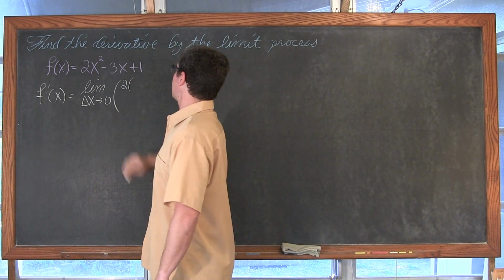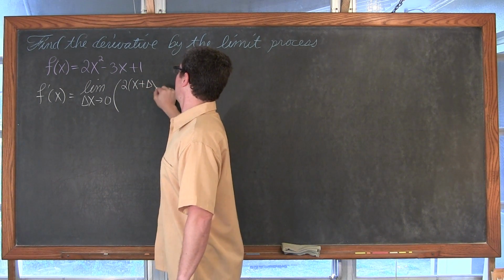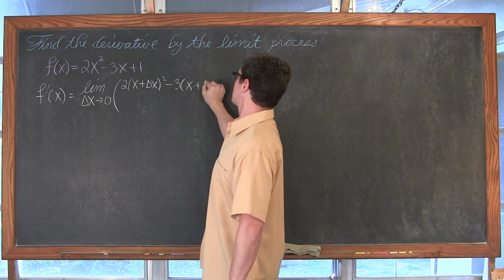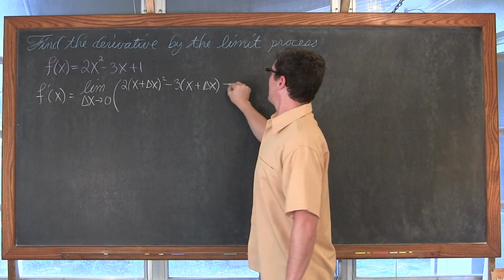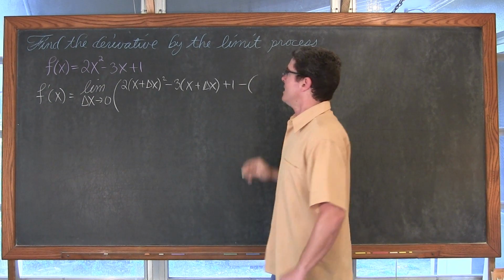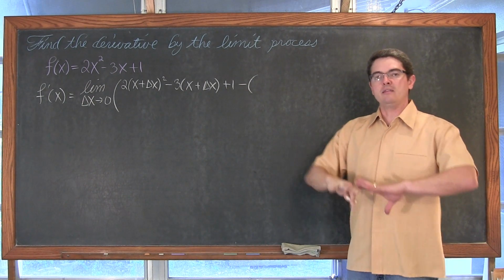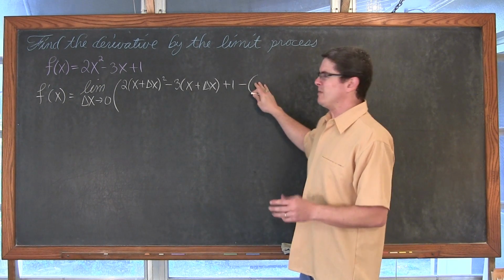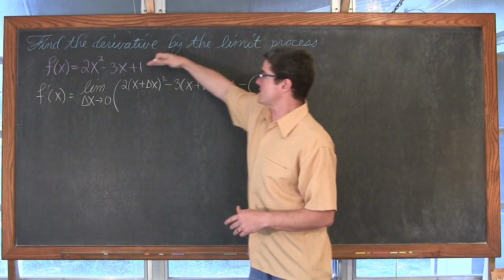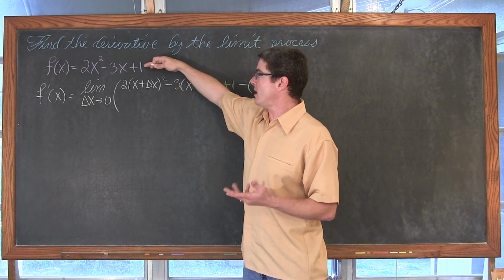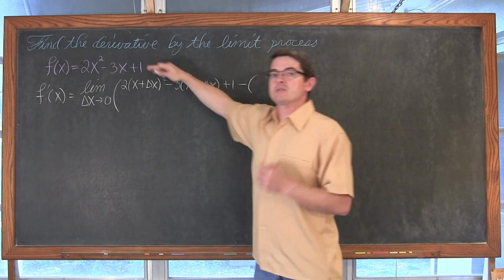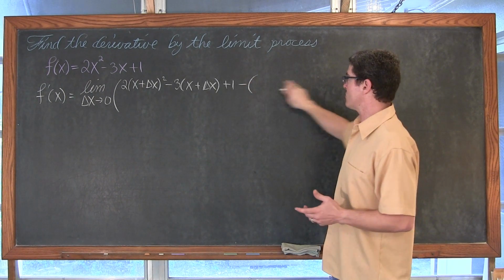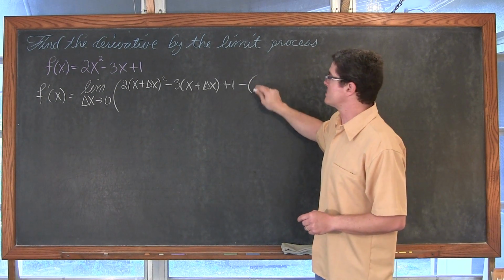So 2 times x plus delta x squared minus 3 times x plus delta x plus 1 minus, now that we're actually going to find the derivative, sort of like the general form of the slope, we're not going to be plugging in a value of c, which just gives us a constant for this polynomial. That means here's really where I was trying to emphasize it's important for you, with that minus sign and subtracting here, to use parentheses to remember.